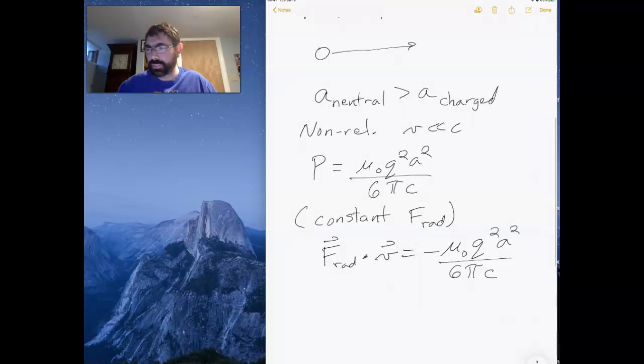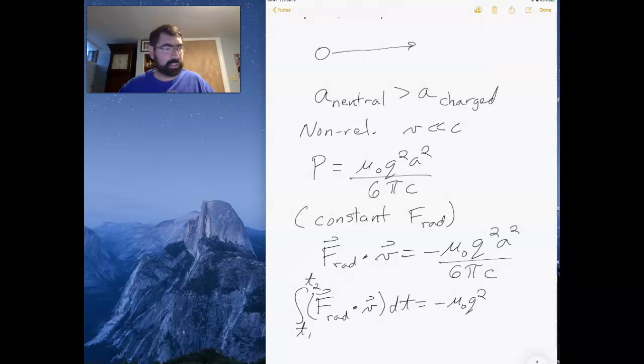If I now integrate to get the energy, so I'm going to integrate my power with respect to time, from time 1 to time 2, then what I should get is minus mu 0 q squared over 6 pi c, the integral of the acceleration squared dt.